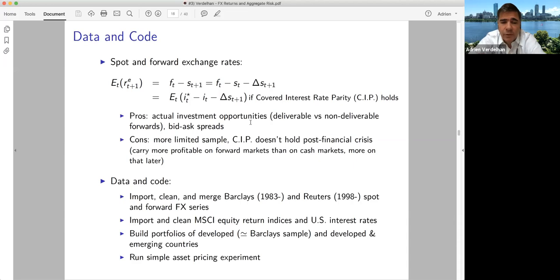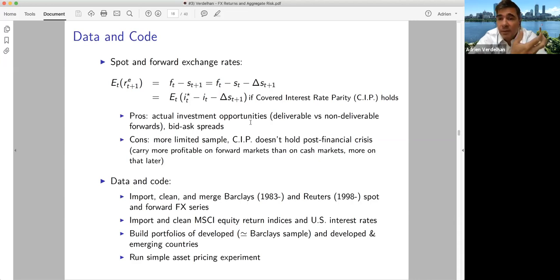So from that, we have code, and we're showing you code to build a data set, just importing this data and cleaning it up a little bit, because as with any data source, there are some strange values from time to time. So we have this cleaning procedure. You can just read the MATLAB code. And same thing for equity returns, so a large set of countries, all the MSCI equity returns, and a bunch of interest rates.